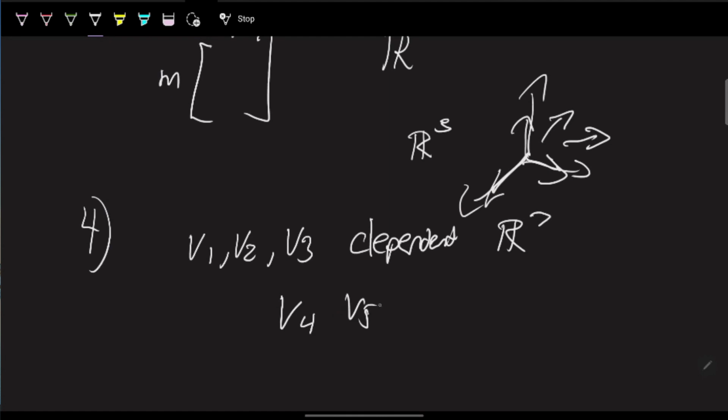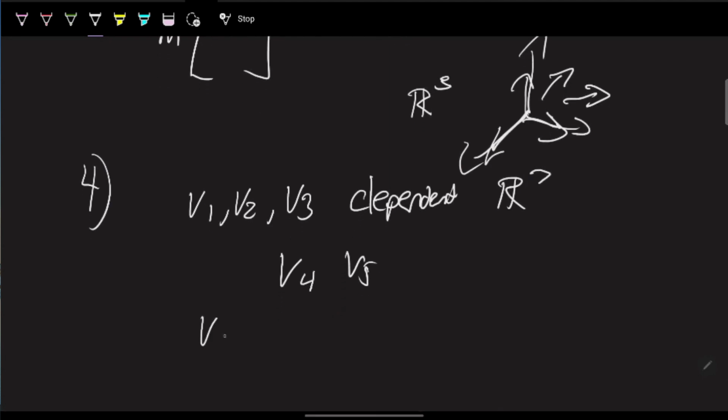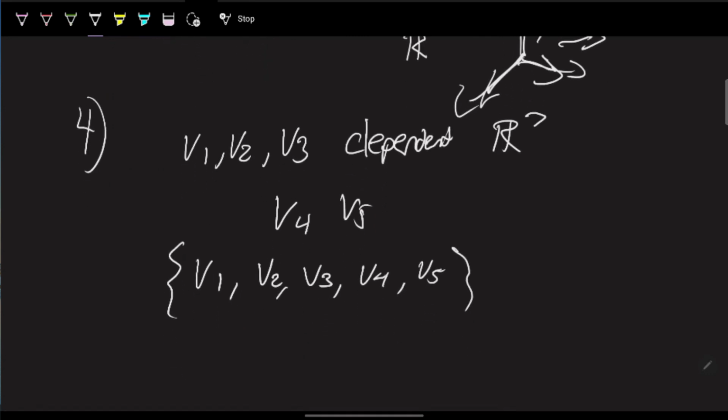And they're asking you, is V1, V2, V3, V4, V5 linearly dependent or not? What do you think? Not all of it as a whole, right? Only V1, 2, and 3 are dependent.